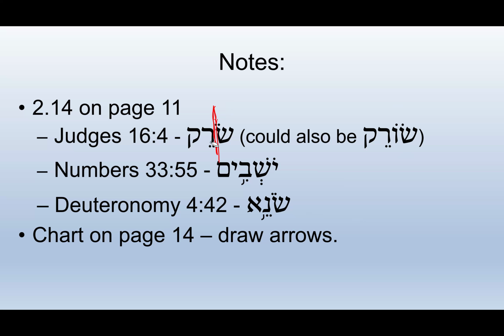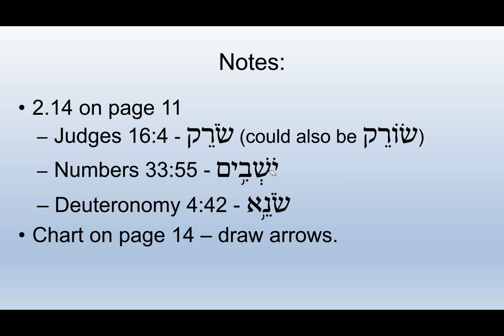But anyway, you can see, I'll move my red marks, that it's got the holem vowel right next to the sin indicator. And then they specifically mention Yoshavim, and they say that it doesn't have that holem over the yod, and that the sin doubles for the holem. But as you can see, that's not the case. And like I say, everywhere I look, this is what I see.